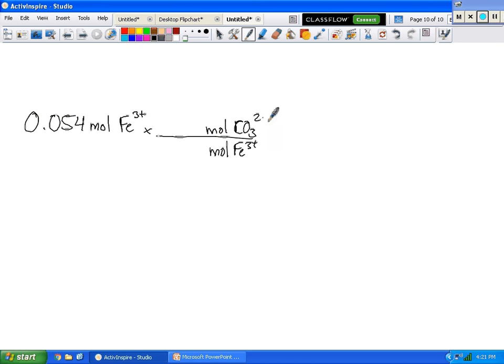What is that over that? Yep, it should be 3 over 2. You've seen this before. All I'm doing is step 1, converting LR to ER. So 0.054 times 3 divided by 2 gives me 0.081 moles. And here's the key.